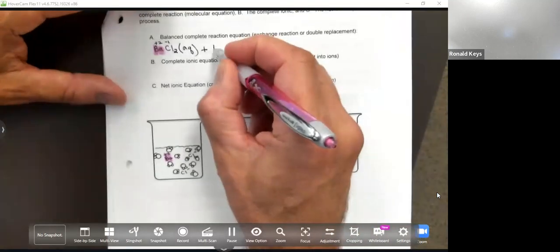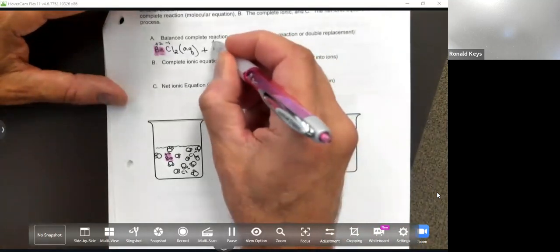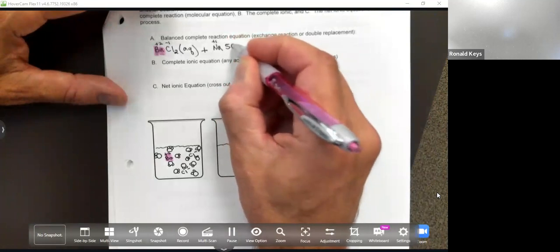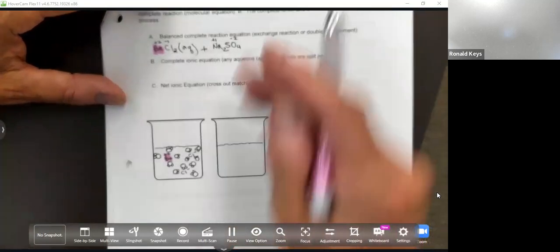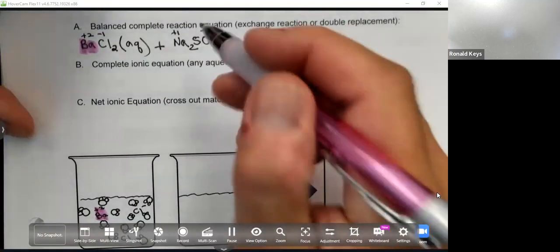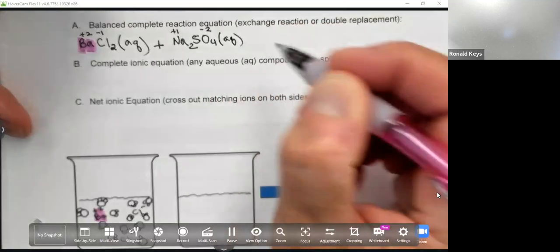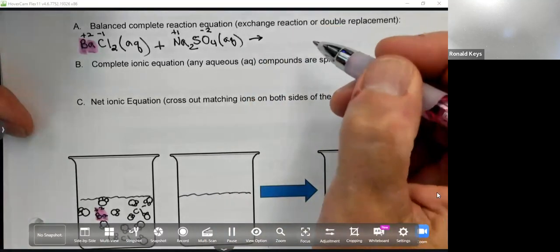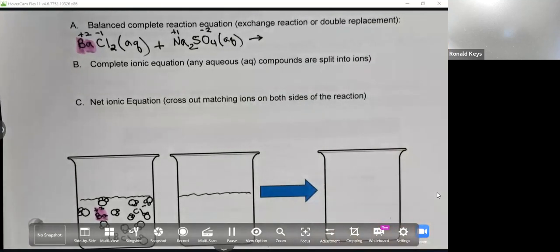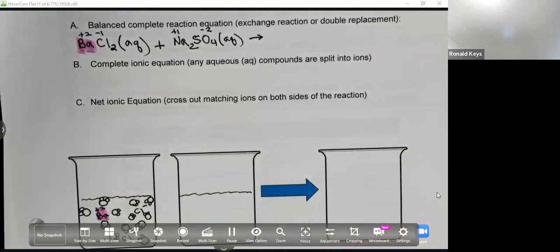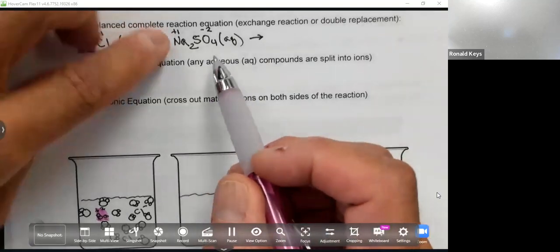We need to add to that sodium sulfate. Sodium +1, sulfate SO4 -2. So we need 2 sodiums, and this is aqueous. So what is that going to look like in the other beaker? Now this, oh, please do not split up the sulfate.